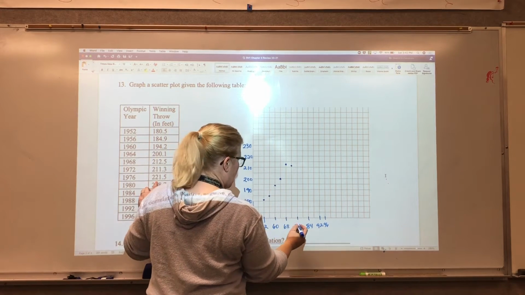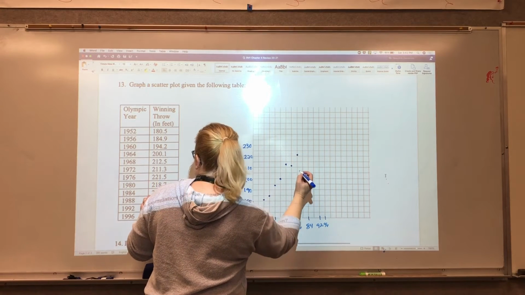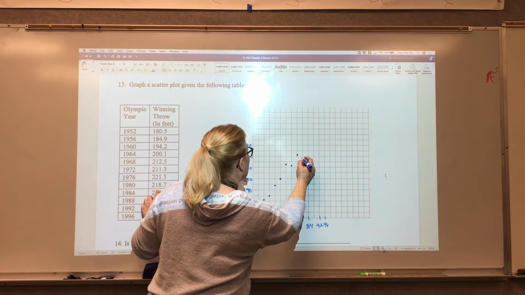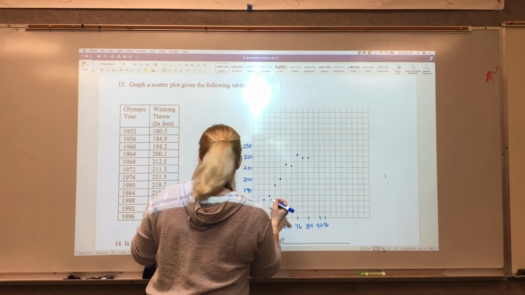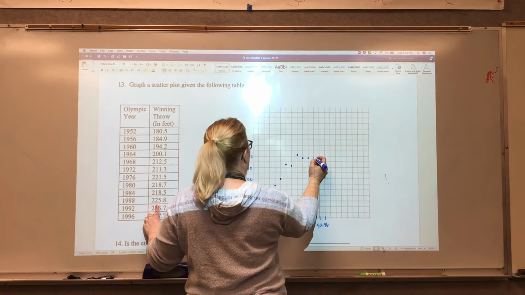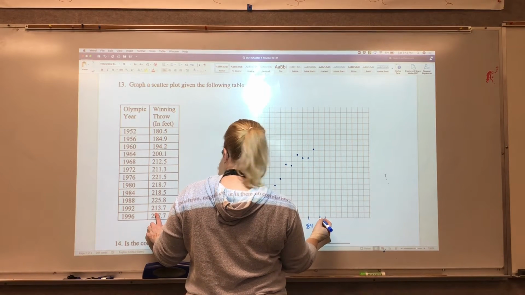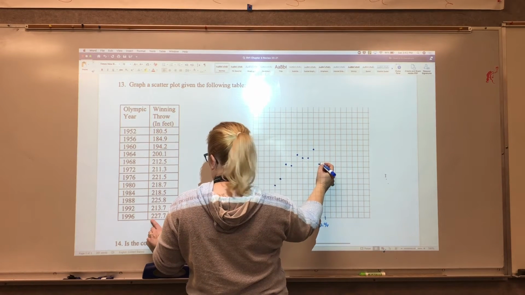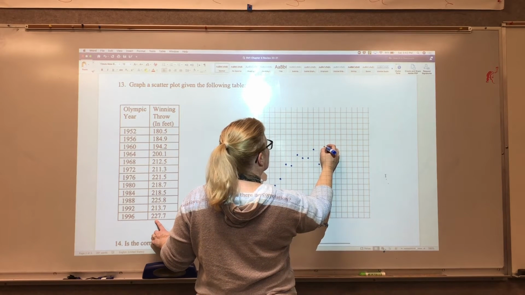Then 1976 is 221, so I go up to about here. 1980 is 218, which is down a little bit. 1984 is also about 218. 1988 is 226 roughly, so up here. 1992 is 213.7, so about here, and then 228 roughly in 1996, which is about right there.